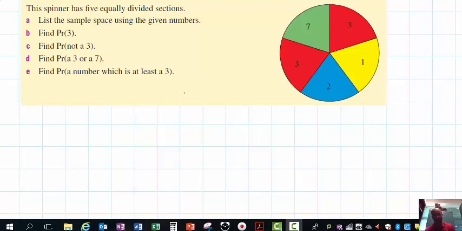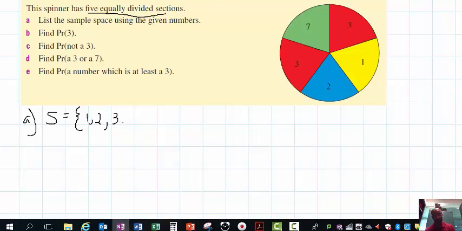Quick example here, we have a spinner. You can see there all the sections are equally likely, equally divided sections. List the sample space. Okay, so sample space here, we can use capital S for sample space. Remember, we use the curvy parentheses. What have we got? If we start with the yellow sector, we have 1, 2.